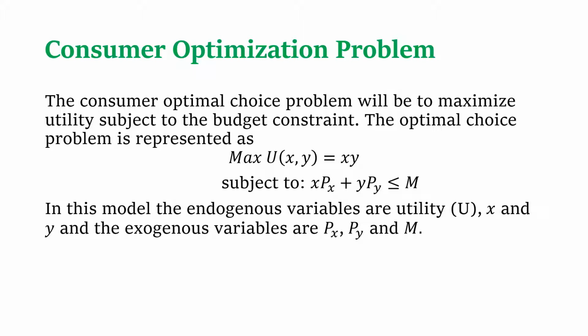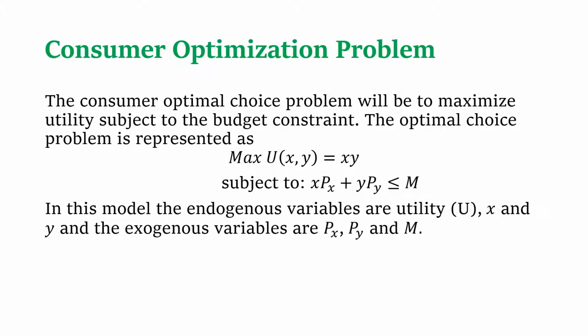The first one is a simple method where you just find the marginal utilities of the two goods, and then you take the ratio of those two marginal utilities and equate that to the ratio of the relative prices, and then you solve. So that one is straightforward.